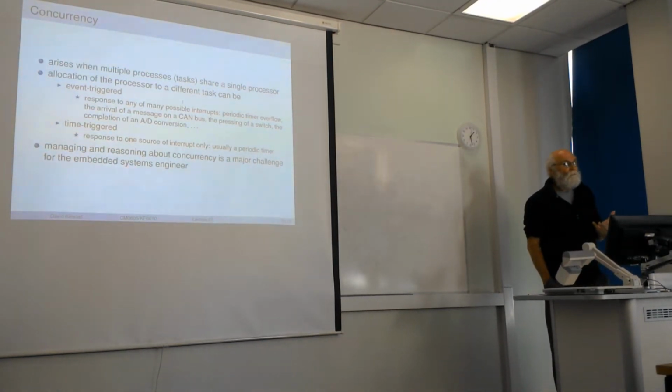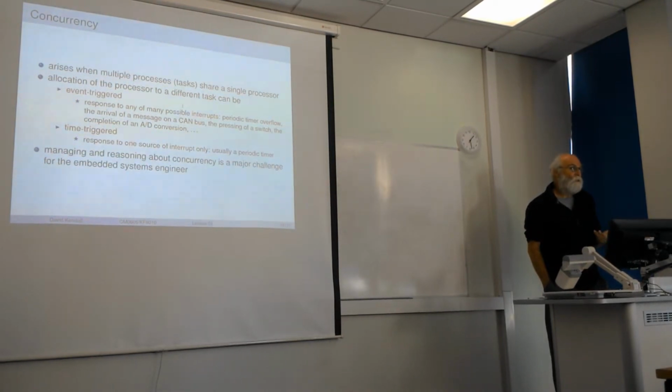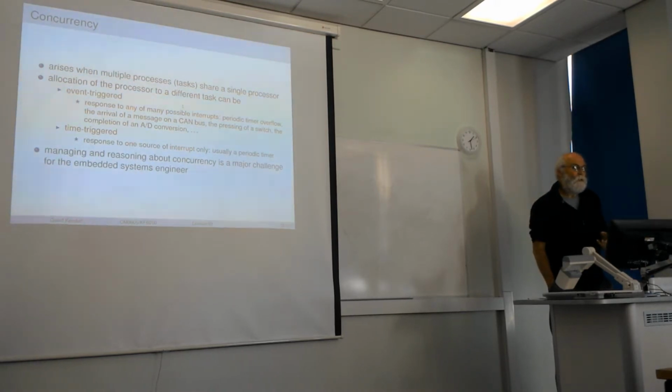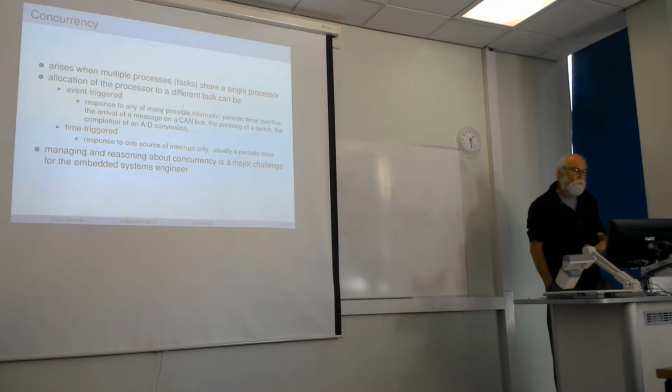So typically an event in our system is made known to the processor by an interrupt. So some interrupt occurs. In general, what we mean by an event-triggered system is one in which we'll accept interrupts from multiple sources. So maybe it's a periodic timer overflow that's caused the interrupt, or maybe a message has arrived on our CAN bus or from our Ethernet switch.